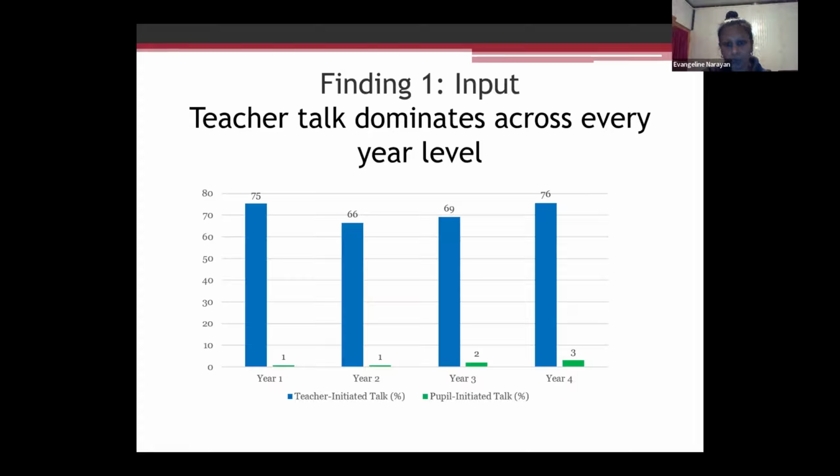Now looking at the pupil initiated talk, that was quite less in comparison to teacher initiated talk, and as you can see, the highest percentage was recorded in year 4, but it was quite less, only 3%. And if you look at year 1, that was around 0.3% of the overall interaction that was pupil initiated. So what we can see here is that the teachers provided a great deal of linguistic input.